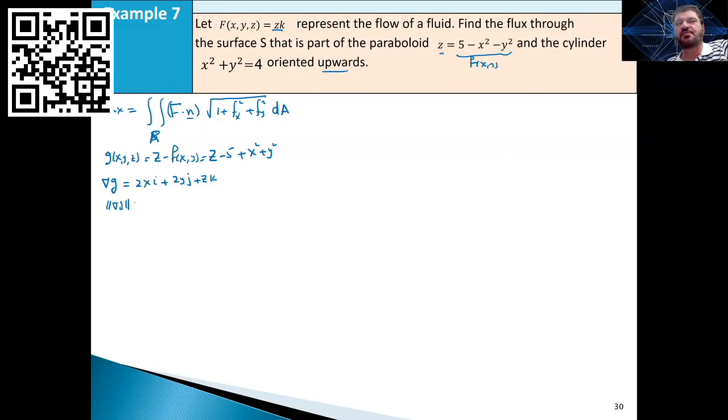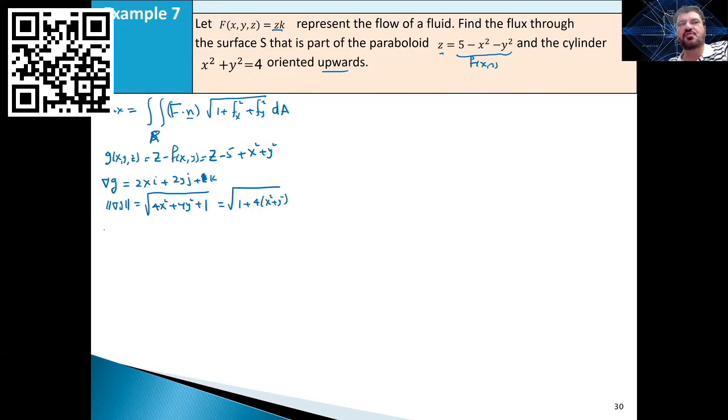Magnitude of the gradient of G is square root of this, which is 4x squared plus 4y squared plus, this is 1, by the way, the derivative of this one is 1, plus 1, which can be written as 1 plus 4 outside, then you have x squared plus y squared.